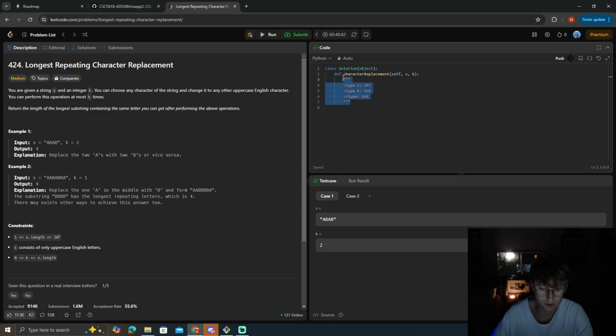Let's make our variables: left, that'll be our pointer for the left, and then we got probably our max length. And then gotta think of what data structure we can use here.